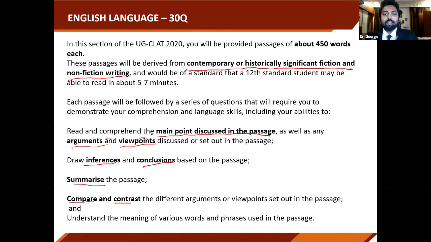So what are all these things? What is the difference between an argument, an inference, a conclusion, summarizing, understanding what the main idea is, right? What is the difference between assumptions and inferences and conclusions?